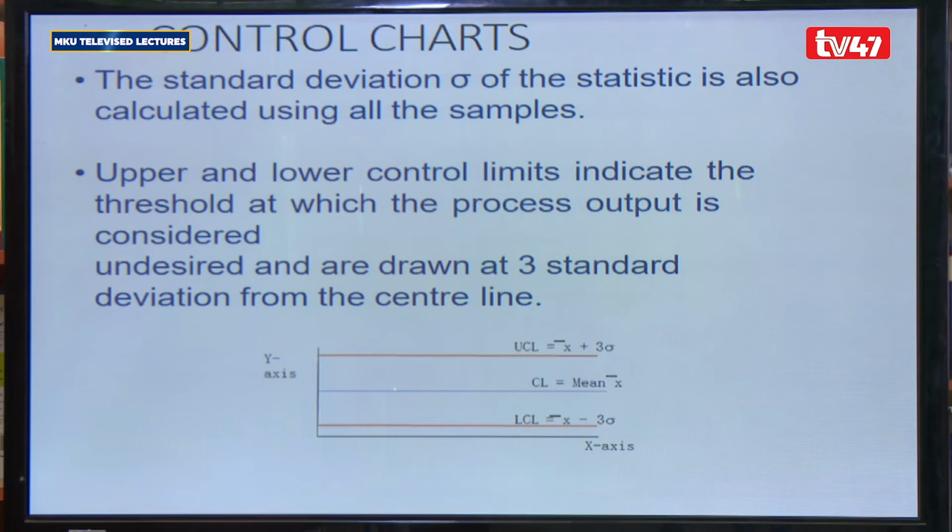So the upper control limit and the lower control limit indicate the threshold at which the process output is considered undesired. If the characteristic goes above or below the threshold lines, then we say that it is undesired.